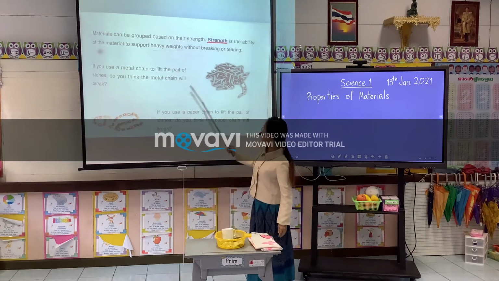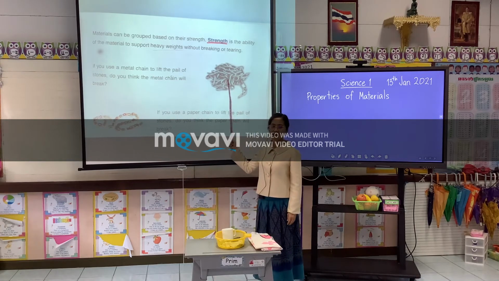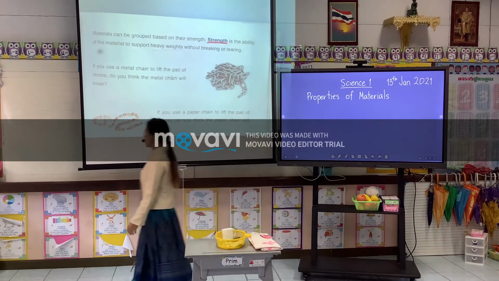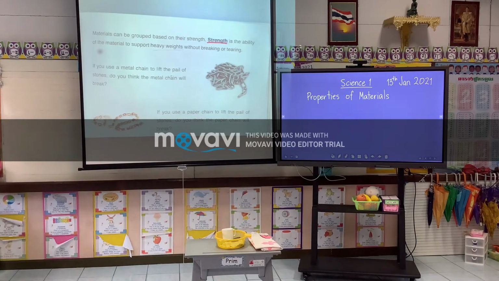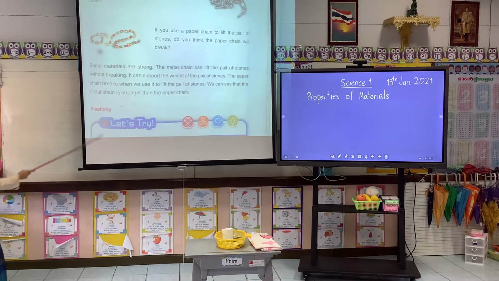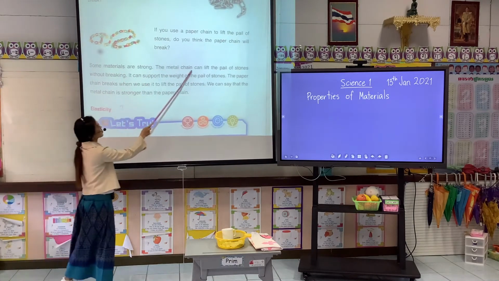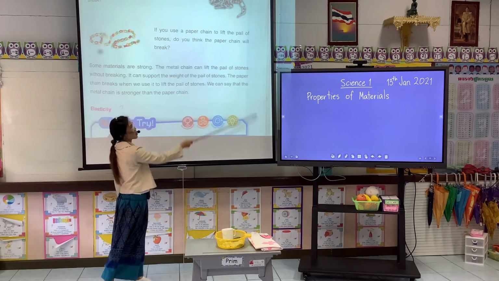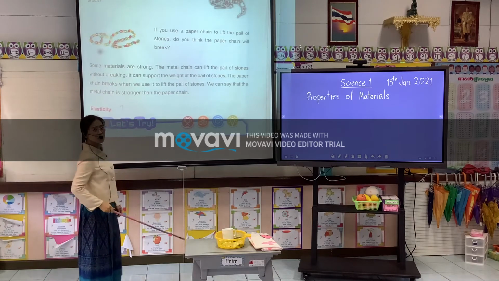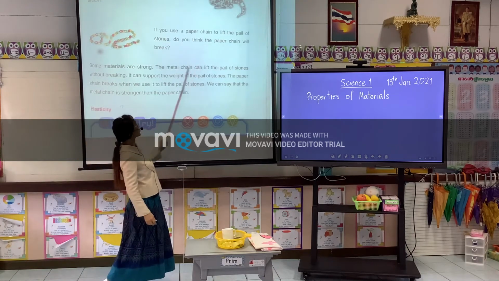In here, the metal chain is stronger than the paper chain. Some materials are strong, right? The metal chain can lift the pail of stones, just like what I've said, without breaking. It doesn't break because it is super strong.